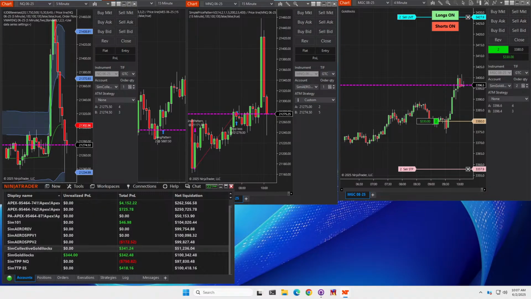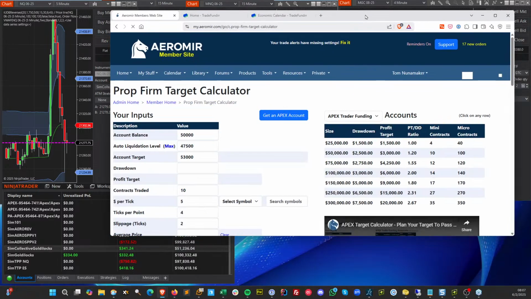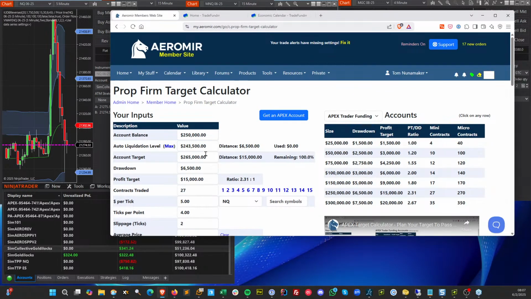4152. So again, if you're using this thing, look at my Autotrader Pro. I'm at 262,566. I think I hit my target. Let's see.